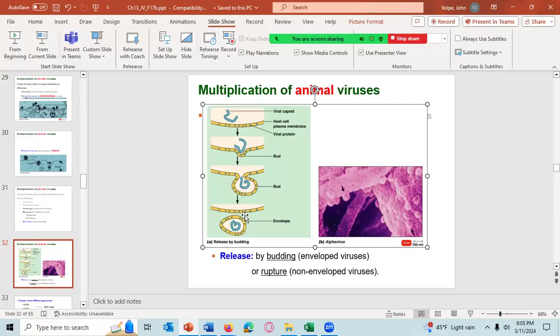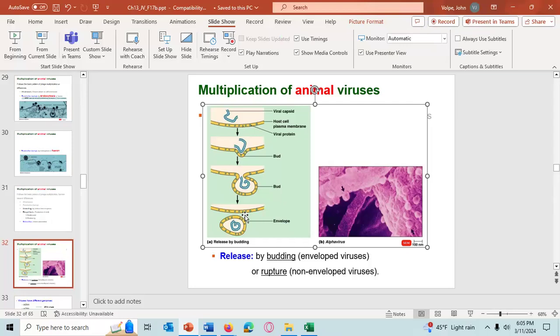And that's why the envelope is mostly phospholipid, because it is either the envelope of the cell membrane, the nuclear membrane, or the endoplasmic reticulum that is where the phospholipids came from. Any question about any of that?